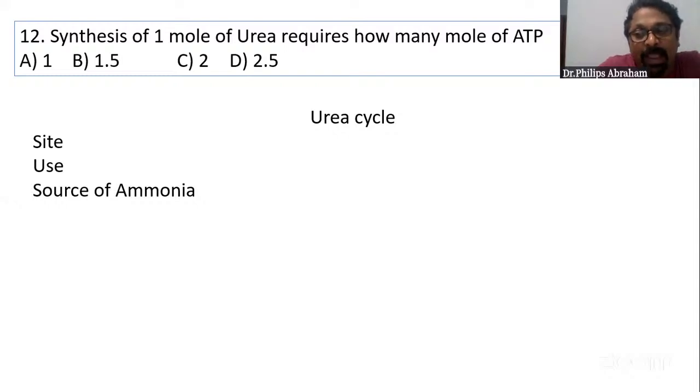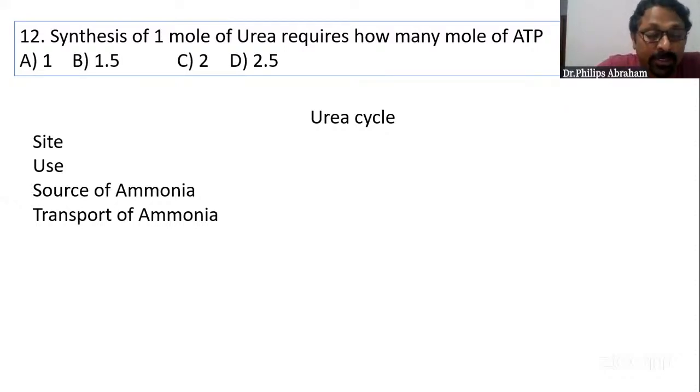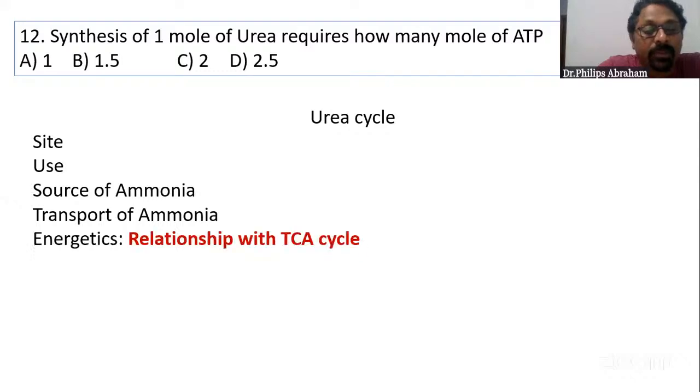Then the action of intestinal bacteria on food particles is another source of ammonia. All of that can be part of a question. Then how is ammonia transported? From the brain and many other tissues, it is transported as glutamine. And from muscle alone, ammonia is transported as alanine. Those are 2 more facts you should know.